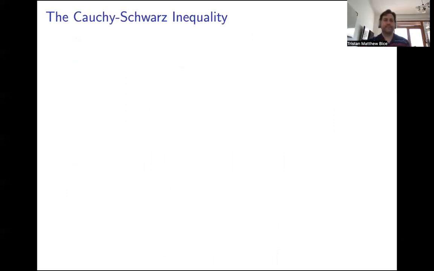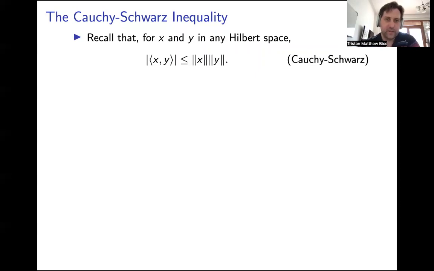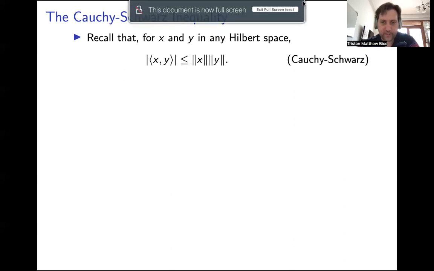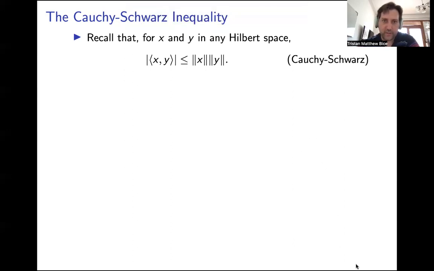Okay, so let's review the Cauchy-Schwarz inequality. This will again be useful to prove that our sections actually form a C-star algebra. So the classic Cauchy-Schwarz inequality, remember, is something that applies to Hilbert space. Right? It says that when you have X, Y in some Hilbert space, and you look at their inner product, then the absolute value of that is less than or equal to the product of the norms of X and Y. The norm being the usual 2-norm, right?